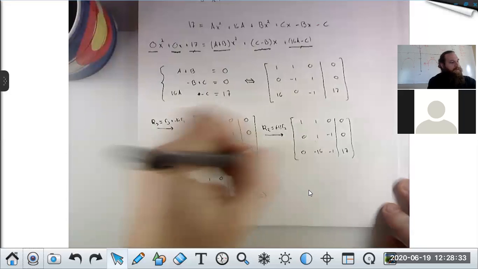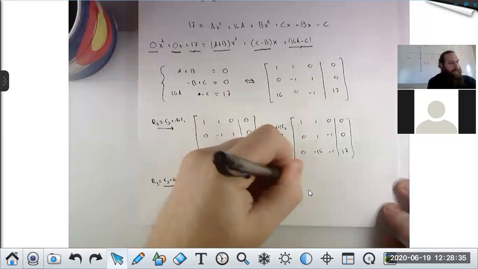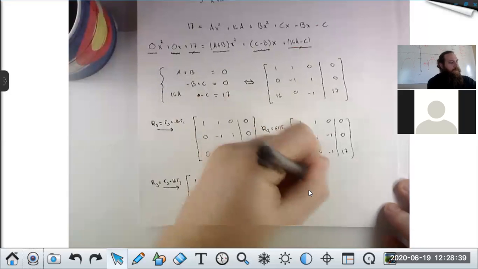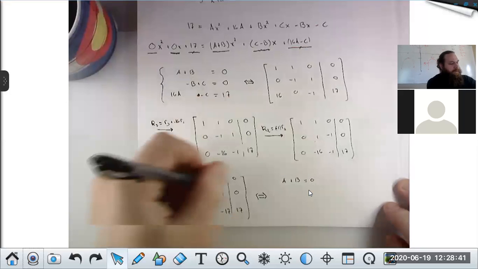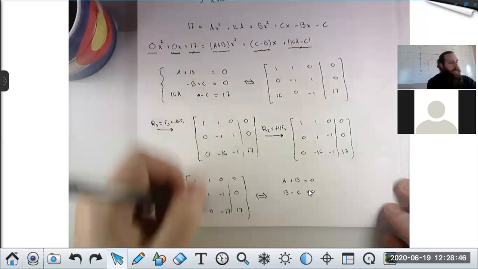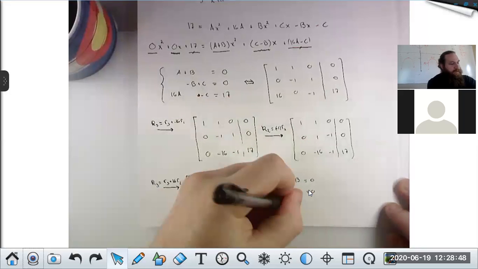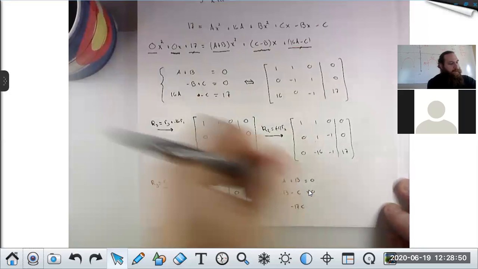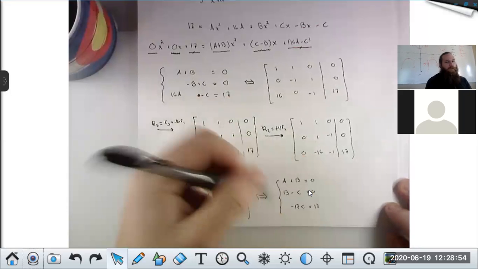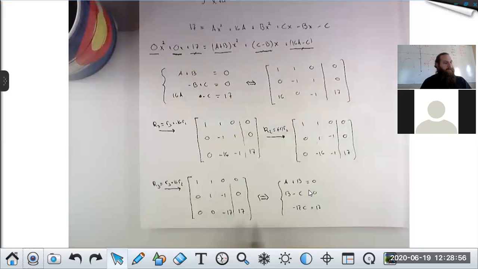So this is the same as saying A plus B equals 0. B minus C equals 0. And negative 17C, this is the good news, equals 17. Once you're in this reduced form, where you've got zeros below the main diagonal, then you can always solve for this last guy.